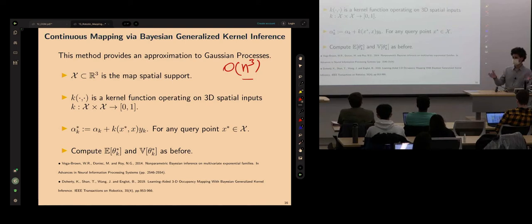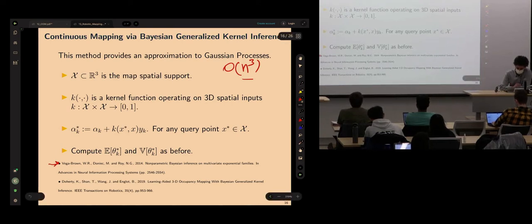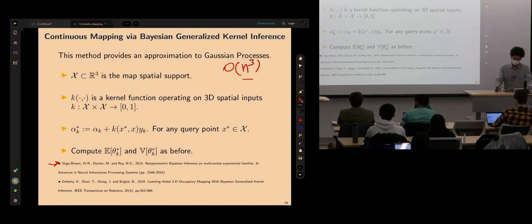It is nice to have some global correlation, but local correlation will take us a long way already. So the next idea, an approximation to the Gaussian processes, is done in this work, and it's called Bayesian generalized kernel inference.